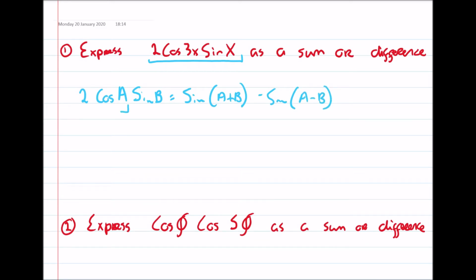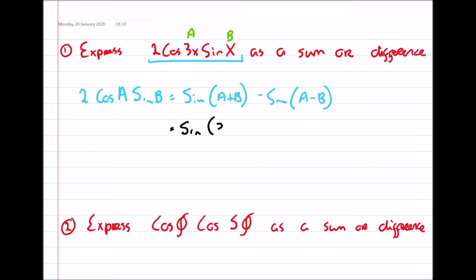Why? Well, because we have the cos A first, the sine B second, just like we have up here. So, just to see, that is A and that is B. So A is 3x, B is x.